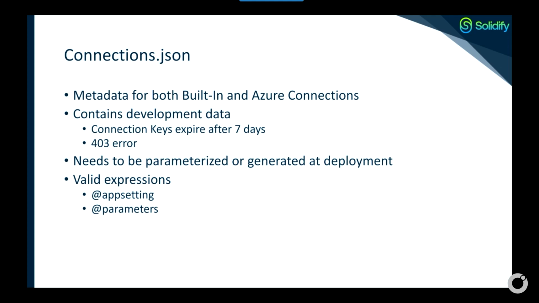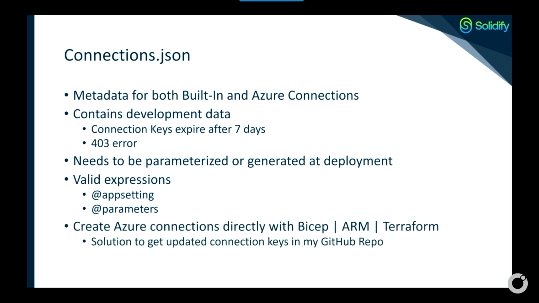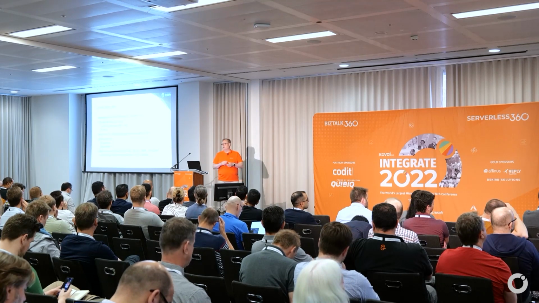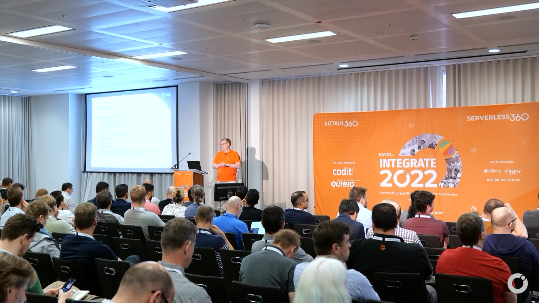For differentiating different environments, you can use the app settings of your application, and you can also have parameters there. As I said, use this pattern, create your connections with code. And I have a solution to get around a little bit this problem with the connection keys.